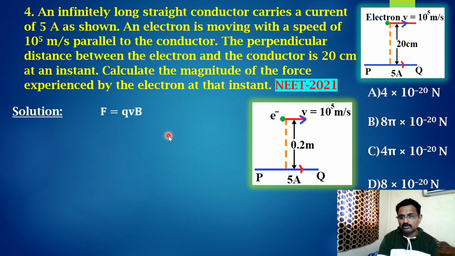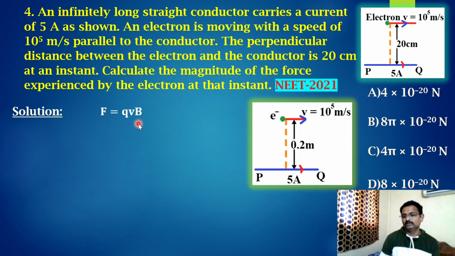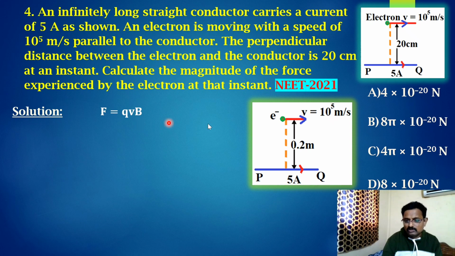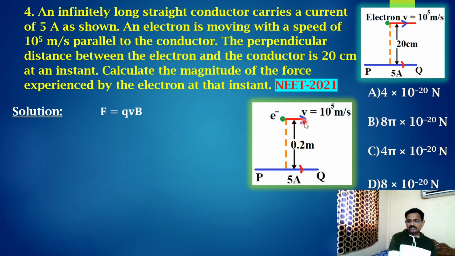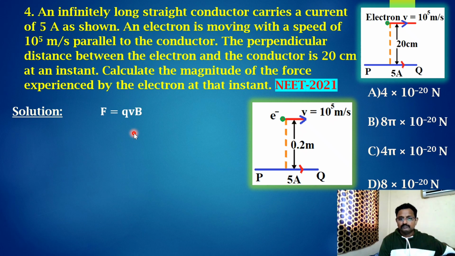We know that the force on that charge due to this current is QVB. That means the magnetic force due to this current carrying conductor on that electron is F = BQV.